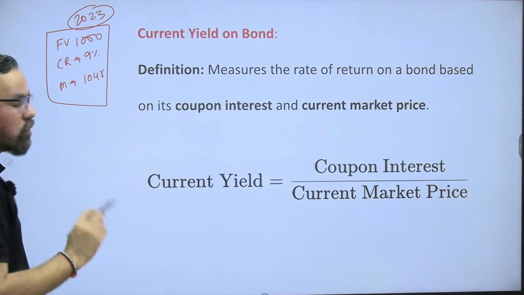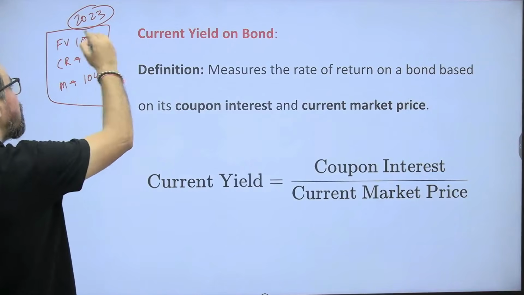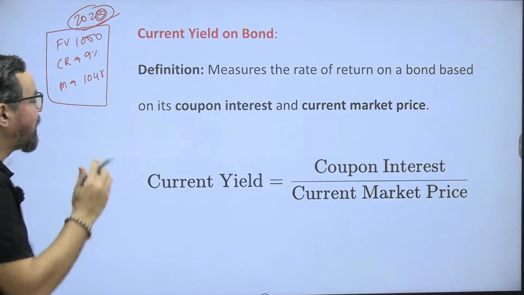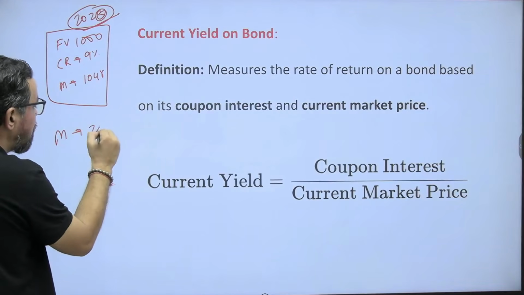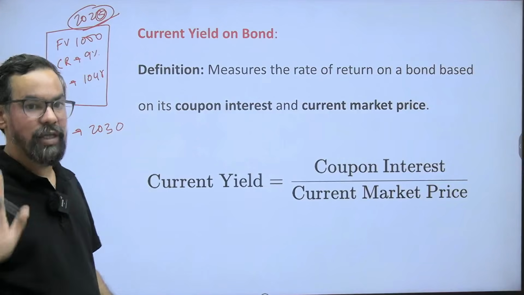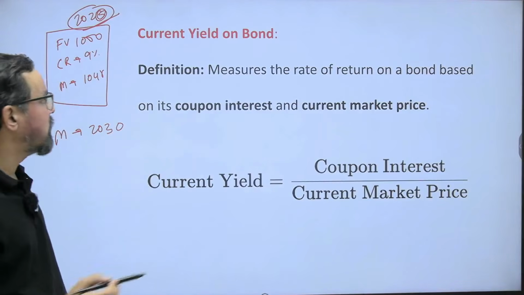So the bond gets launched in 2023, or let's say 2020. That means 10 years, so it will mature in 2030, and we are in 2025, which means 5 years are remaining. So what does this concept tell you?